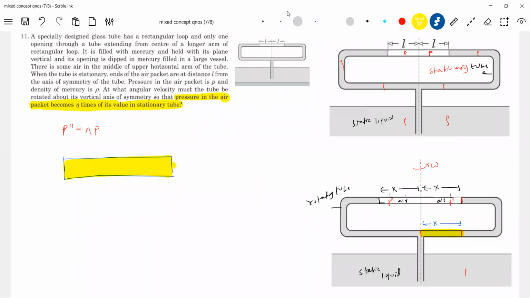What about the pressure force at this particular point? It should be P double dash into S. Here how much will be? P dash into S. And this length is X and it is rotating here.